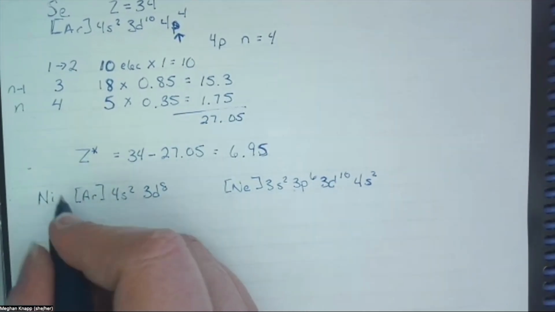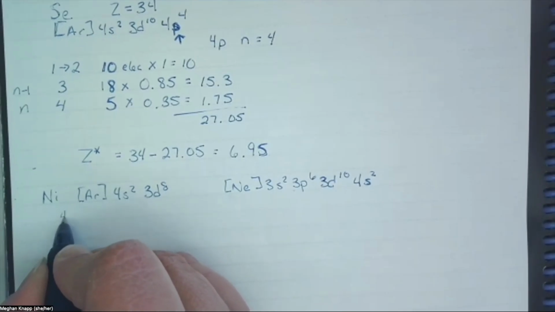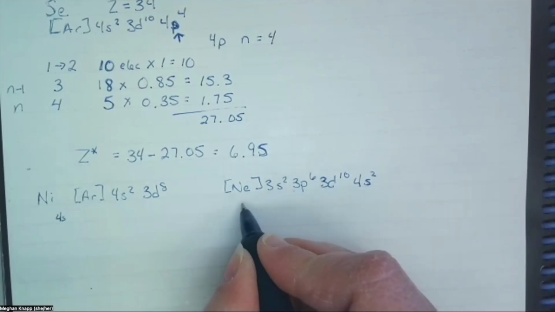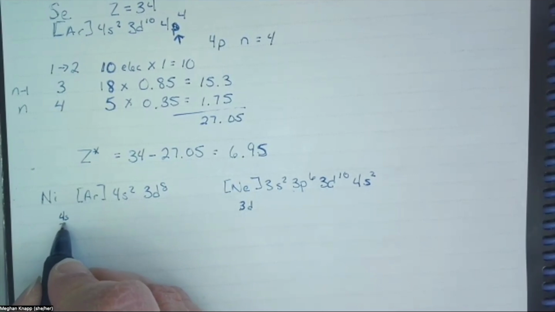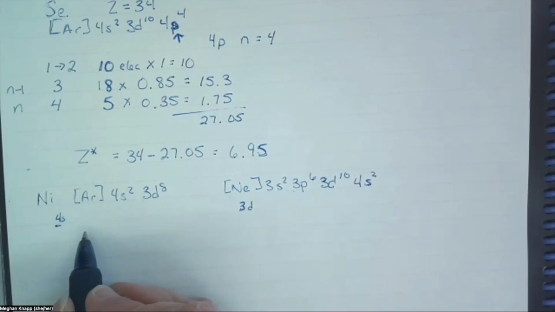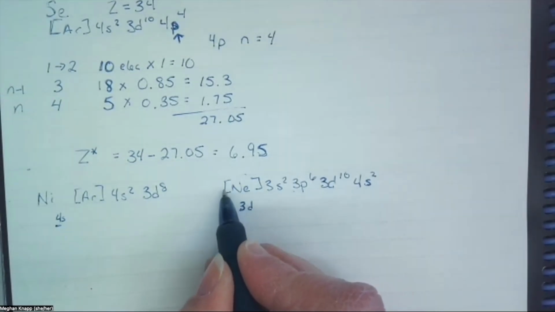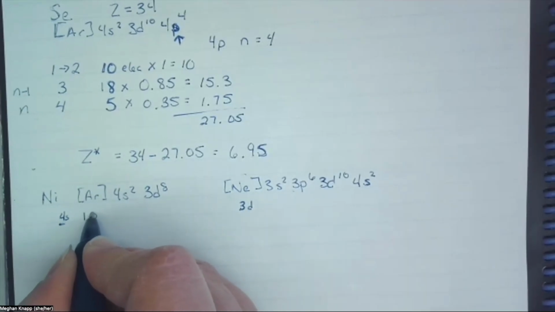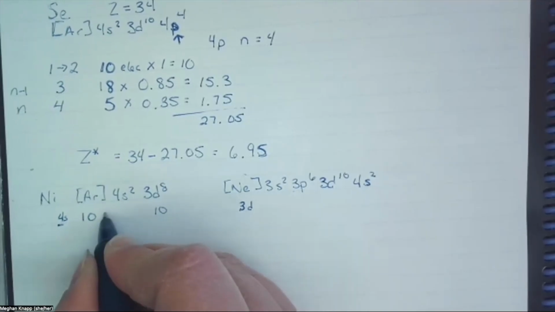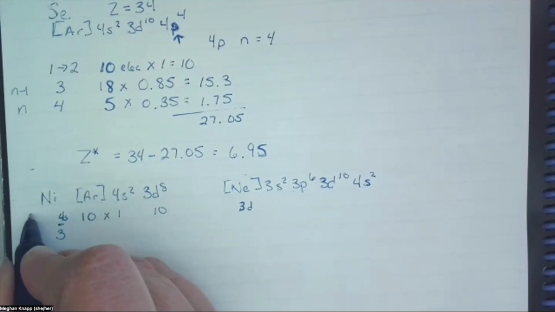Okay, we are going to compare the shielding on 2 different things: the 4s electron versus the 3d electron. On the 4s, 4 is our n. So levels 1 through n minus 2 is going to be levels 1 and 2, and that's going to be that neon core. The neon core is going to be 10 electrons, and that's going to give us 10. And then we're going to look at level 3.